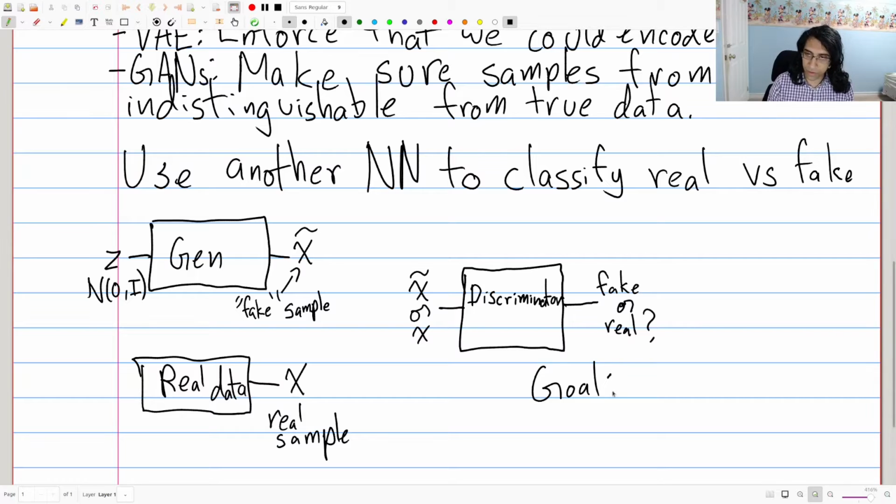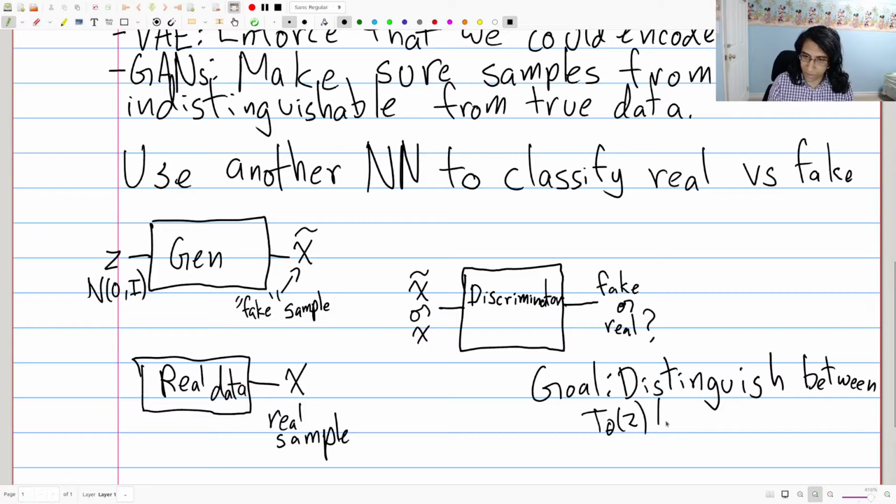The goal is to distinguish between T theta of z, so these are fake samples, versus, say, samples from P, which are real samples.